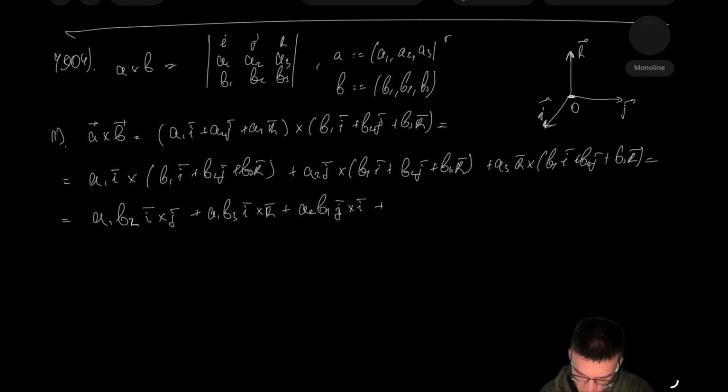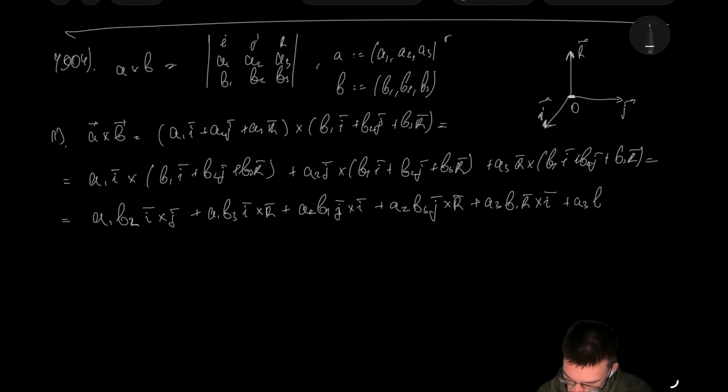Again, this one annihilates, and then we have a2 b3 j cross r plus a3 b1 r cross i plus a3 b2 r cross j. And then the third term annihilates as usual, as we already showed.